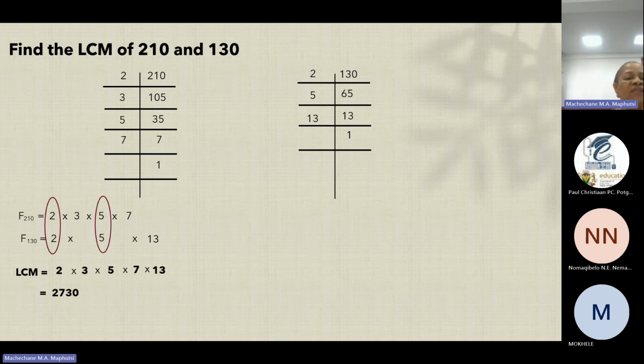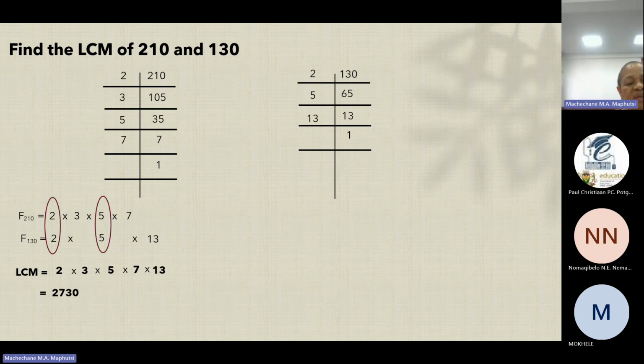Then you still have to write 7, you still have to write 13. So in the case of the LCM, after listing them, all the numbers should be written down, but those that repeat have to be written once. So now finally you have to multiply all those numbers. So your answer will be 2,730.